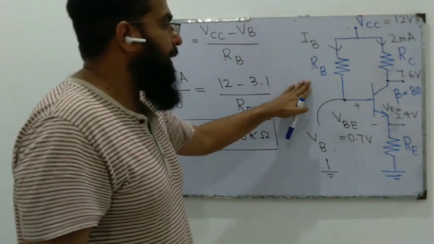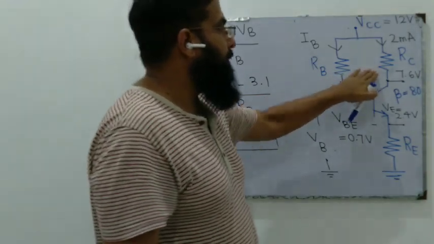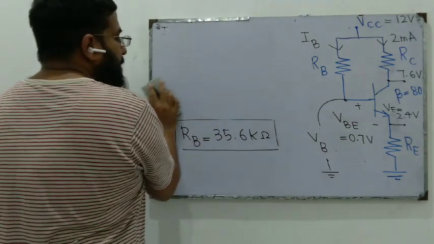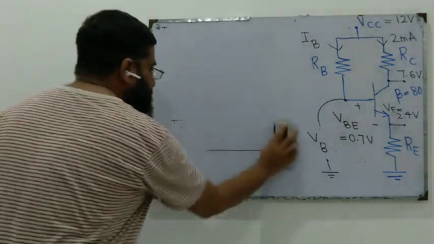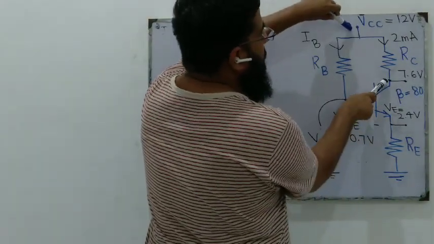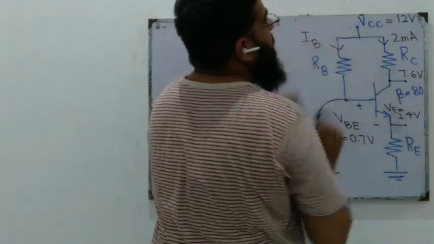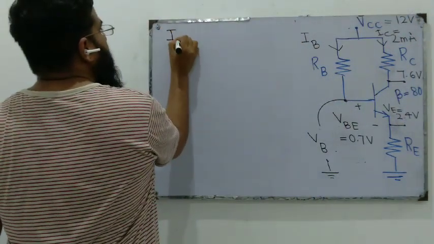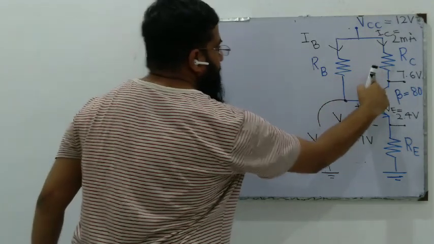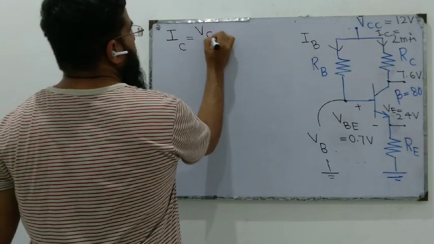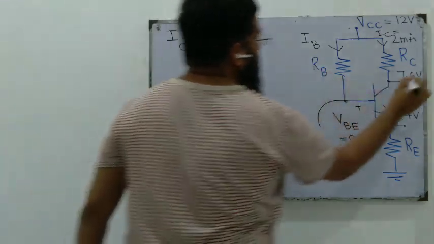Once we have calculated RB, we can calculate RC. We know that the current through RC is, according to Ohm's law, the voltage drop across this resistor RC divided by its value. So IC current, according to Ohm's law, is the voltage drop across this resistor RC, which is VCC minus VC.